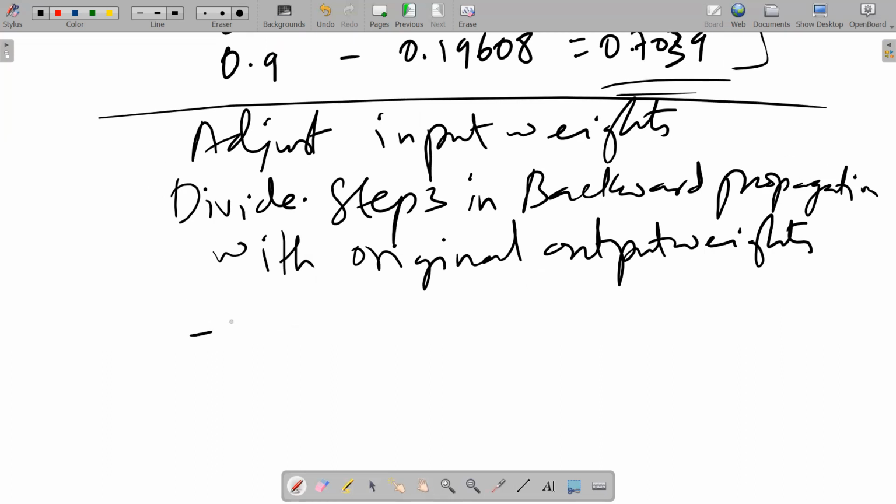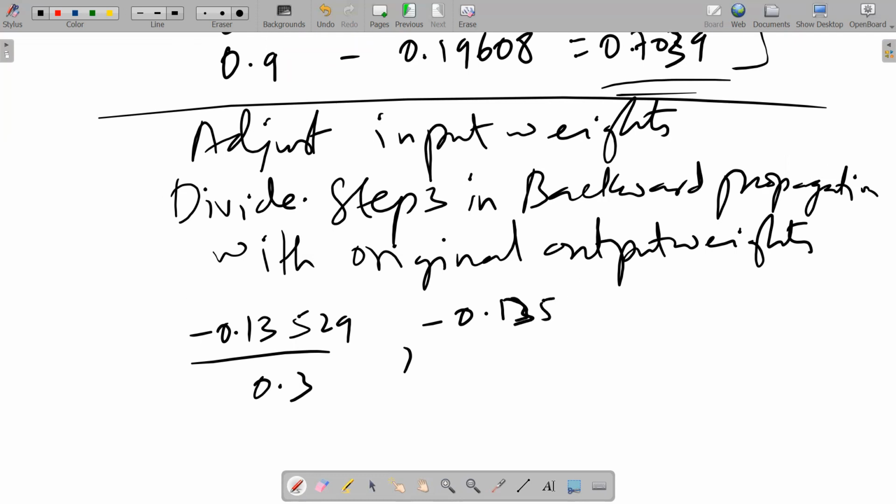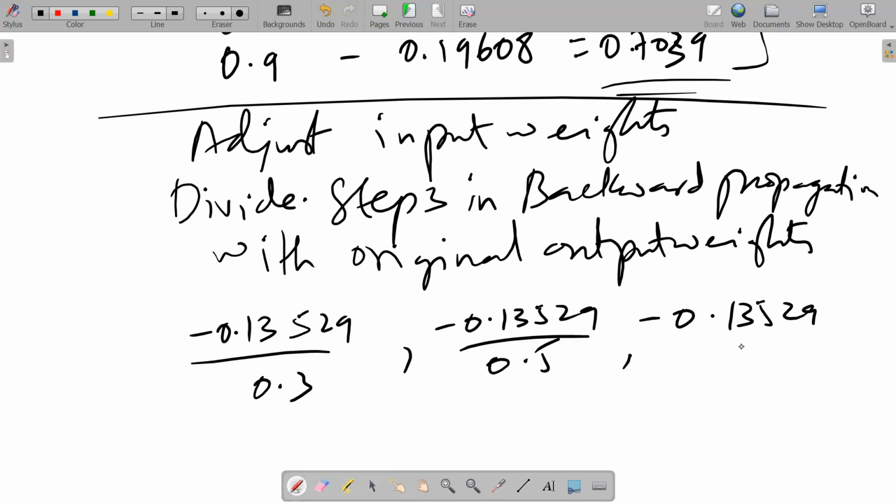It is minus 0.13529 divided by 0.3, minus 0.13529 divided by 0.5, minus 0.13529 divided by 0.9.